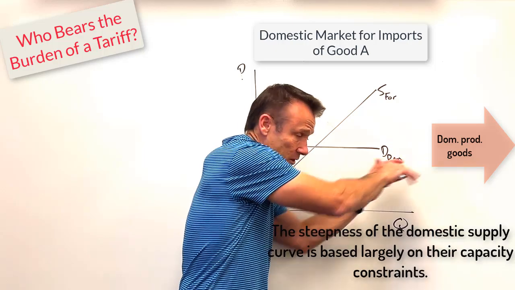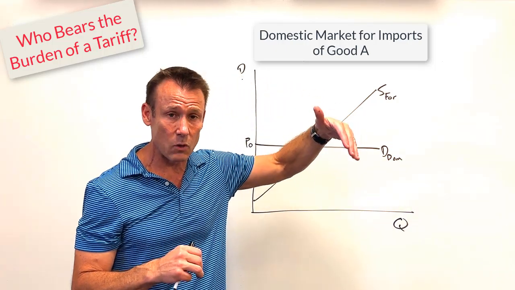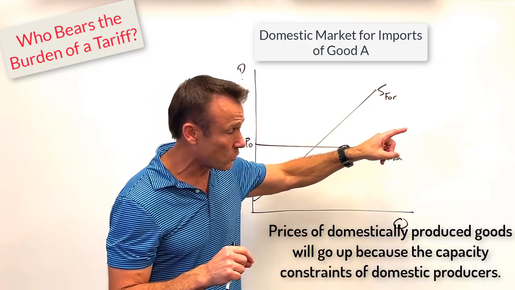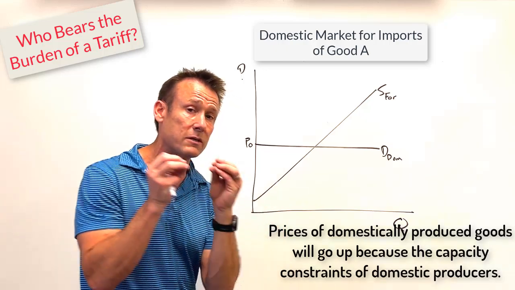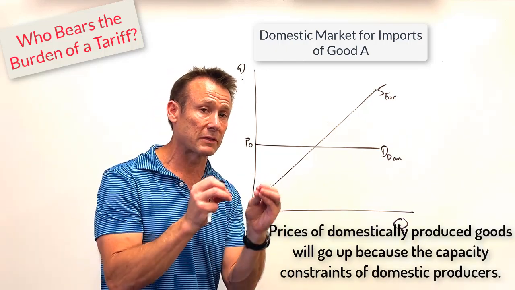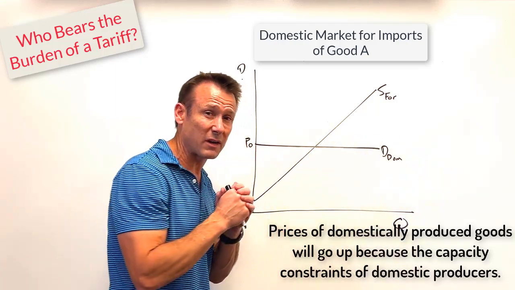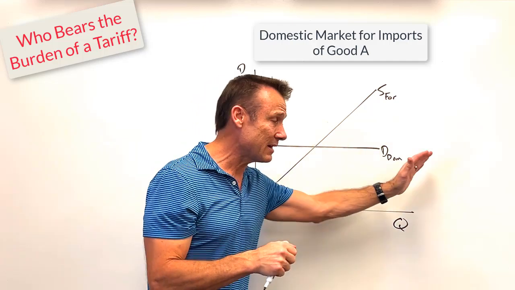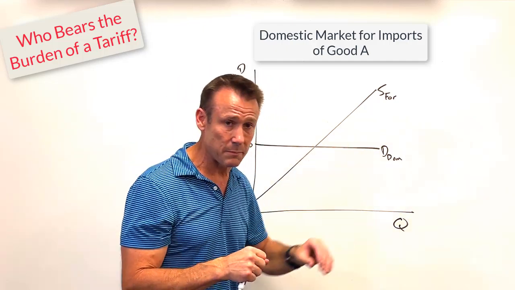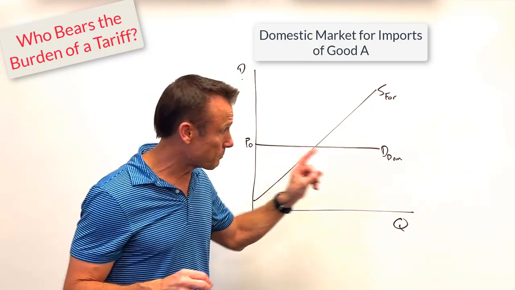But as demand starts heading to that other market, the price is actually going to go up. And if the price starts going up for the domestically produced goods, the domestic consumer in this market does not have perfect options. To have perfect options, it means they can go to the alternative market and buy it at the exact same price. But the act of heading to that other market, increasing that demand, they're going to find capacity constraints of the domestic production, and so the price is going to go up.